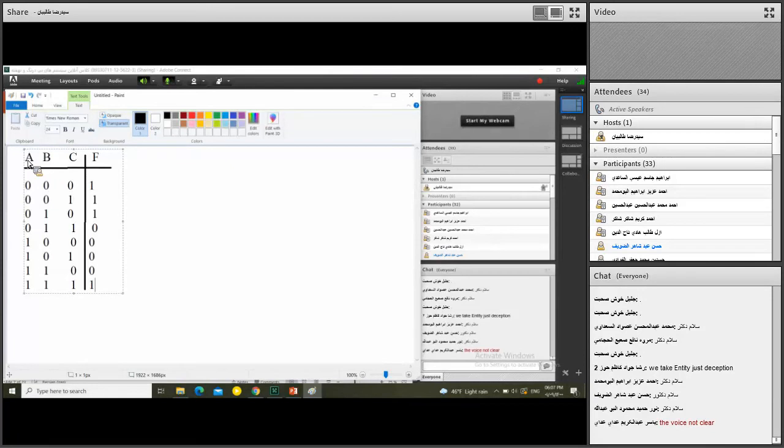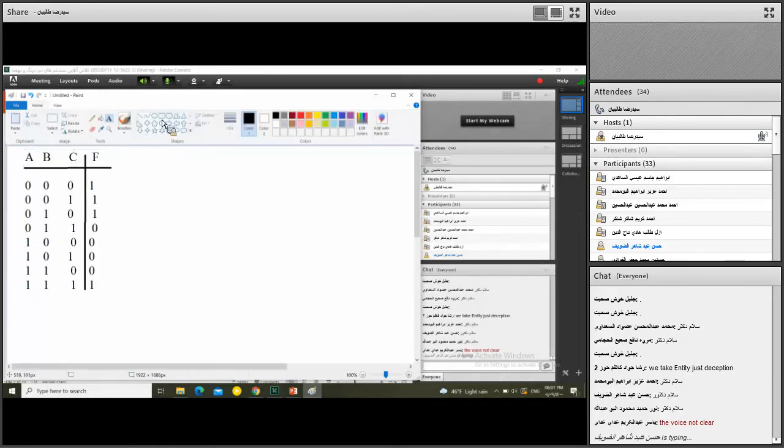Okay, then we have a truth table with a logic function F and 3 inputs A, B, and C. We can state this logic function in other ways, or we can implement it in another form.